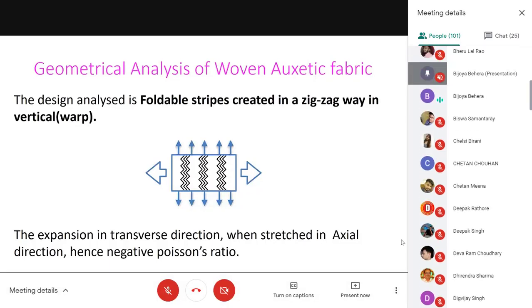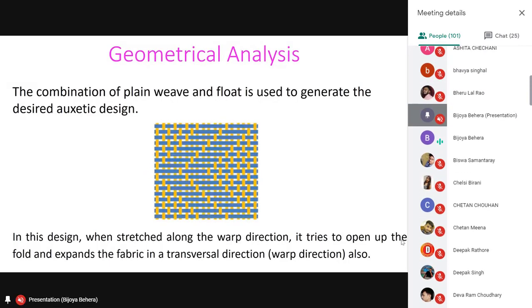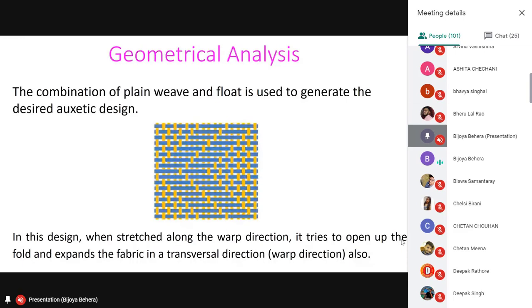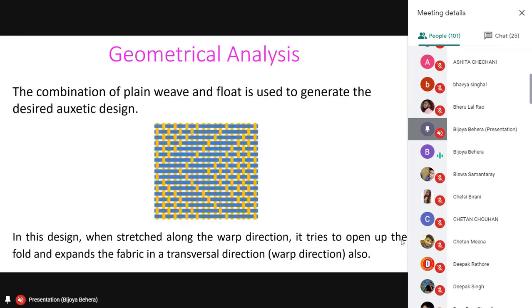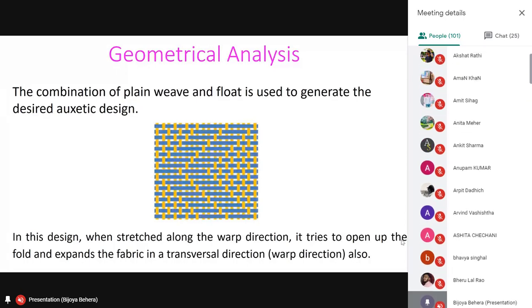I'll show you some more examples. This is how this foldable in warp direction is converted to a weave design. In this design, when stretched along the warp direction, it tries to open up the fold and expands in the transverse direction. So this is how auxeticity can be developed.